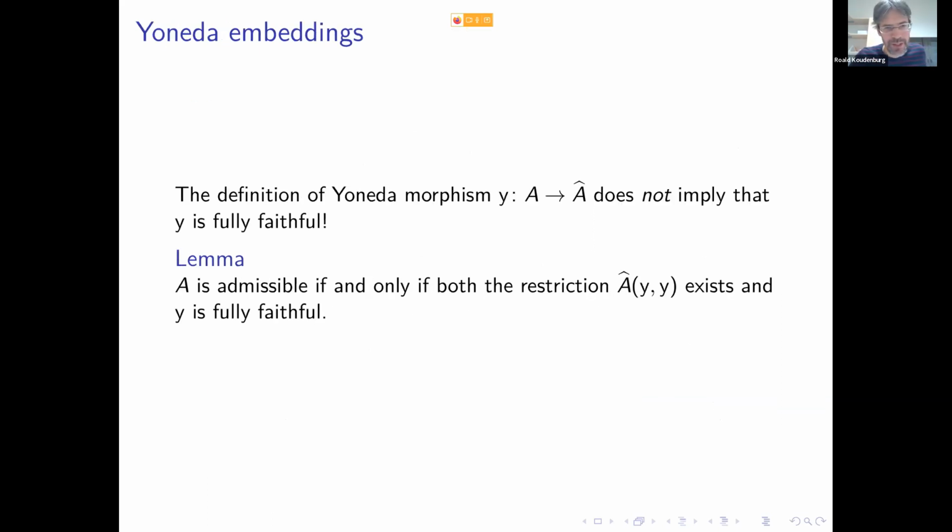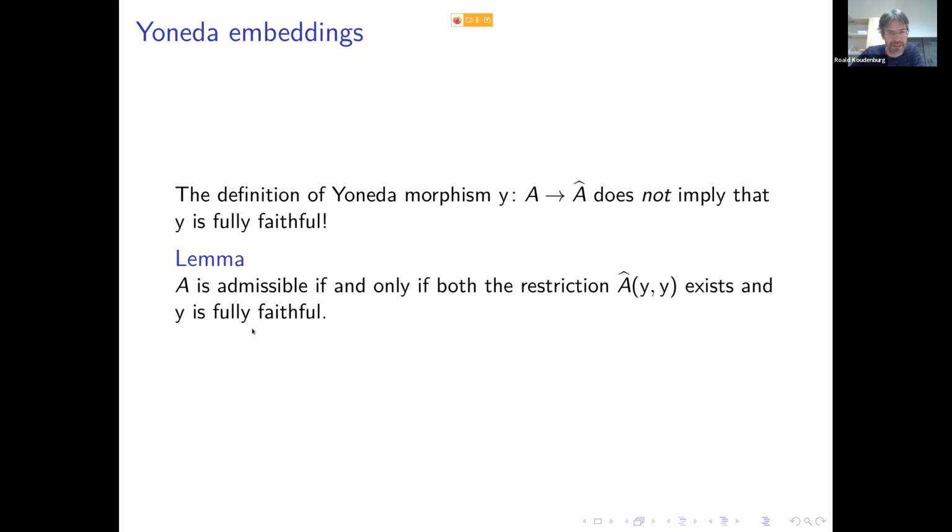Then the second small result, I already talked a bit about this. These Yoneda morphisms, their definition does not imply that they are fully faithful. Instead, that has to do with admissibility of their source. So A is admissible if and only if both the restriction of A hat along Y on both sides exists and Y is fully faithful.